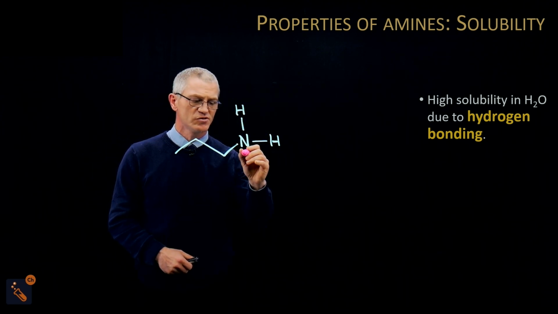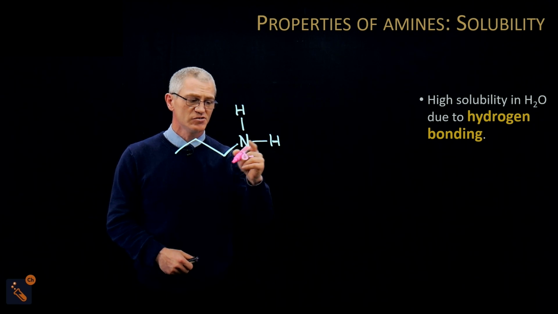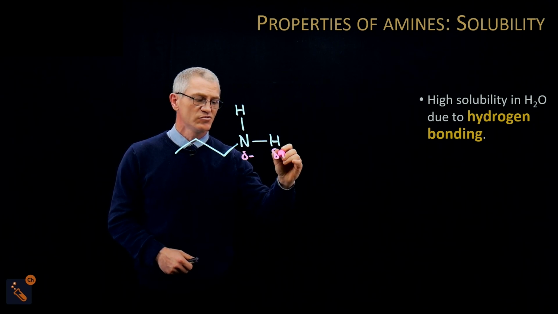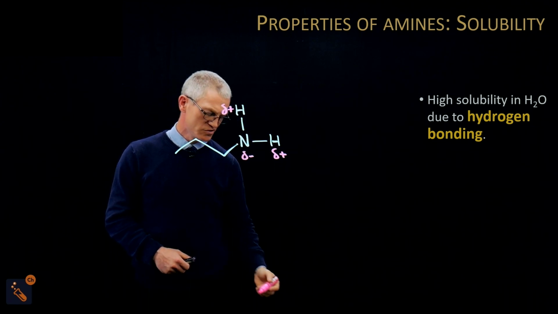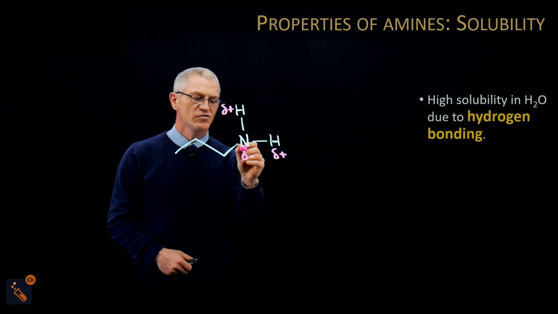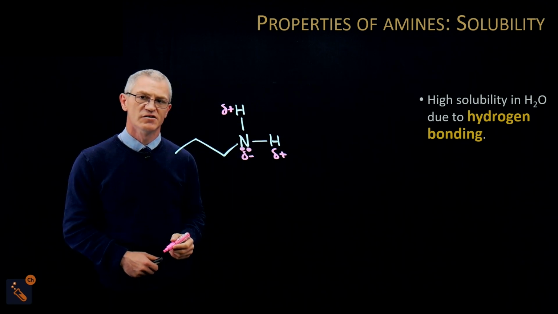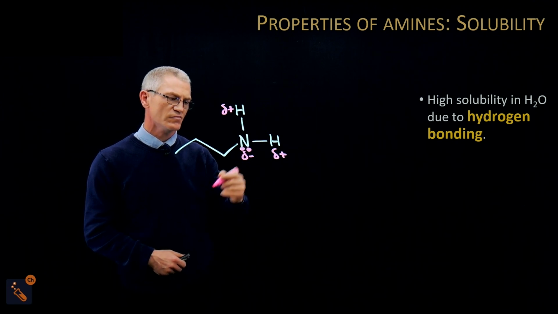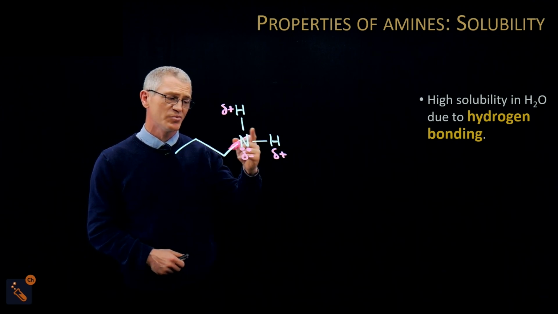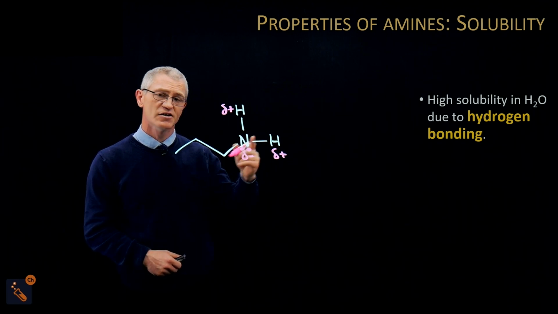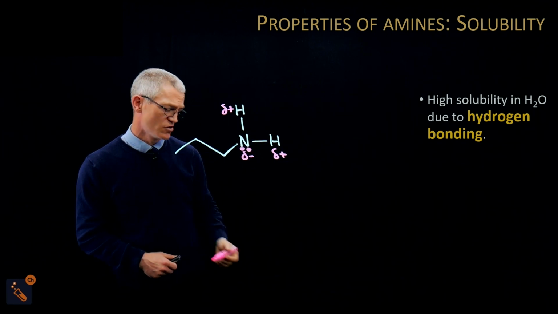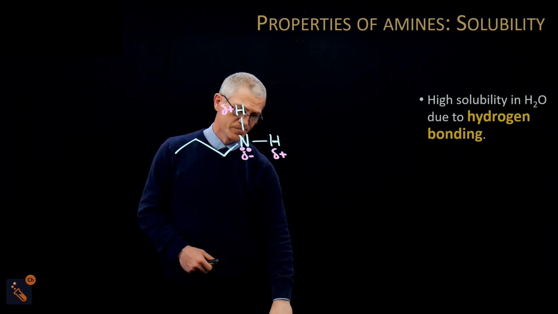So my dipoles are going to be delta negative on nitrogen because nitrogen is more electronegative than hydrogen. It's going to pull those electrons towards itself, and I'm going to draw my lone pair of electrons there as well. Remember, a hydrogen bond can happen if you have a delta positive hydrogen, and that happens because it's attached to N, O or F, nitrogen, oxygen or fluorine.